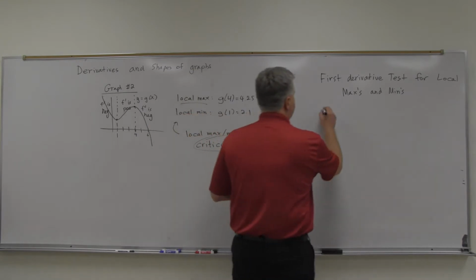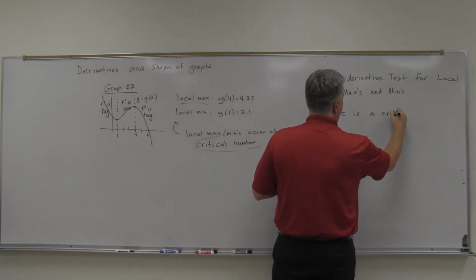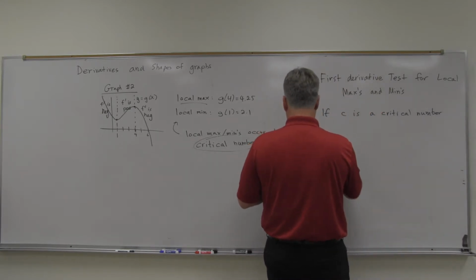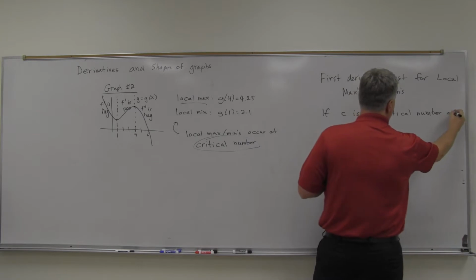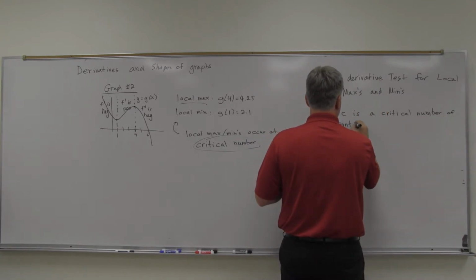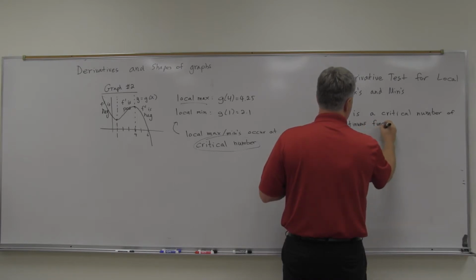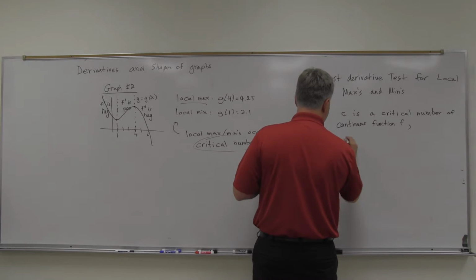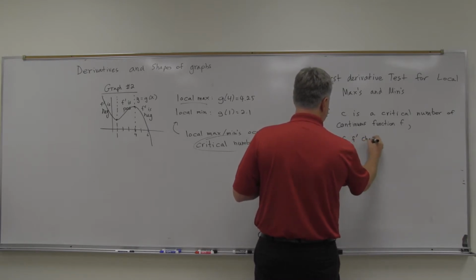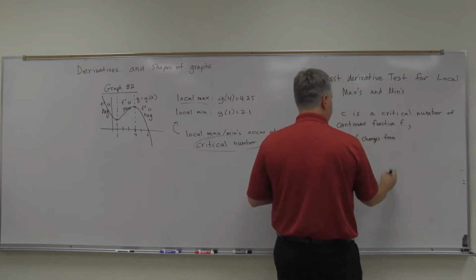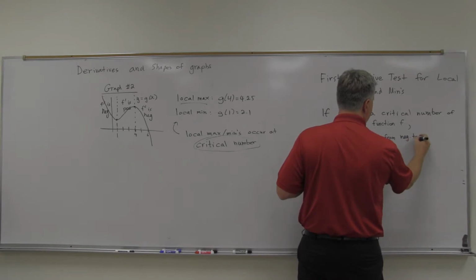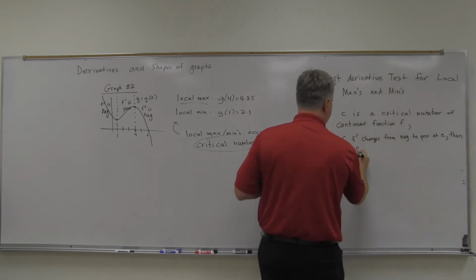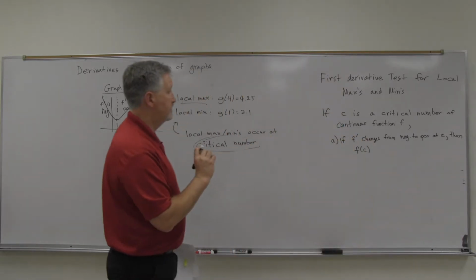Okay. If C is a critical number of continuous function f, then A, if f prime changes from negative to positive at C, then f of C, so the function value then at C, is a local minimum.